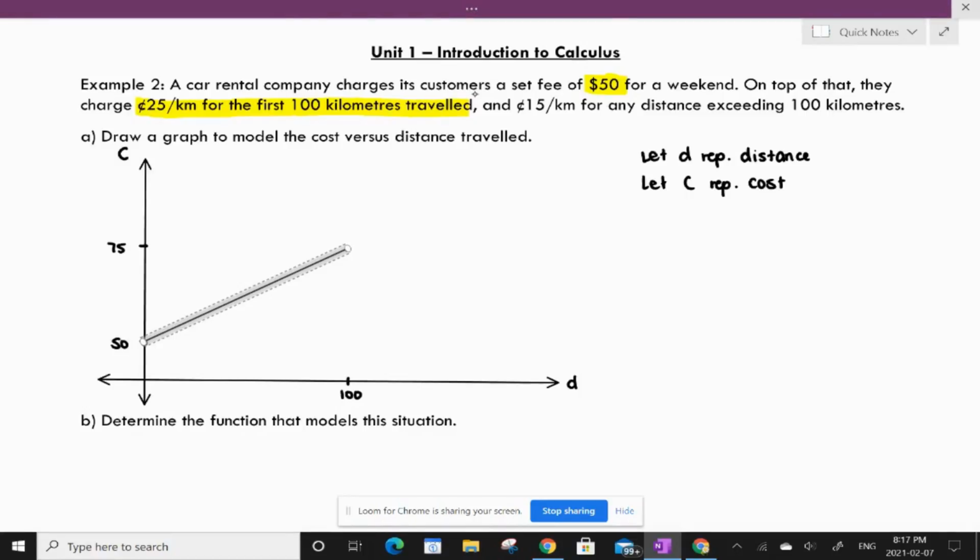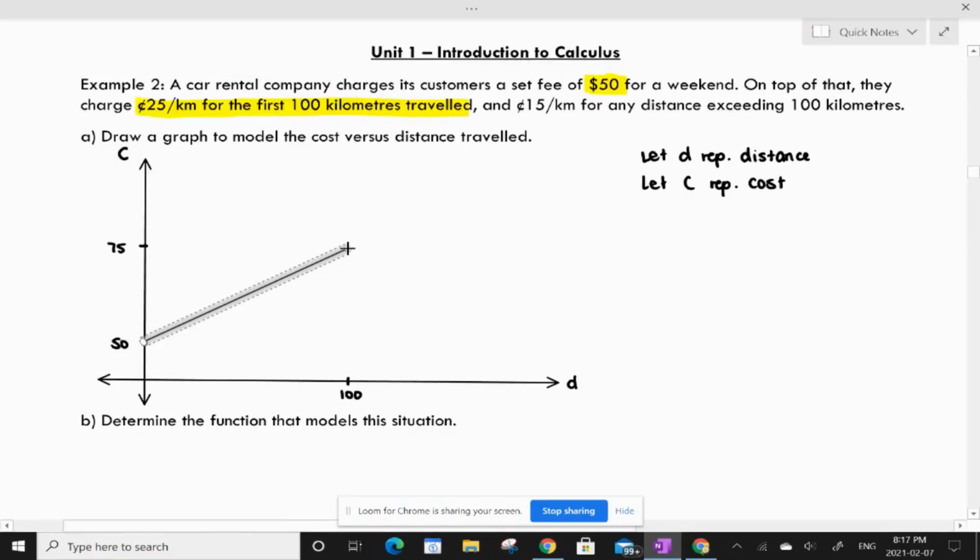So if I draw in my second portion, it should have a flatter slope, because that deals with 15 cents per kilometer, while this one here deals with 25 cents per kilometer.